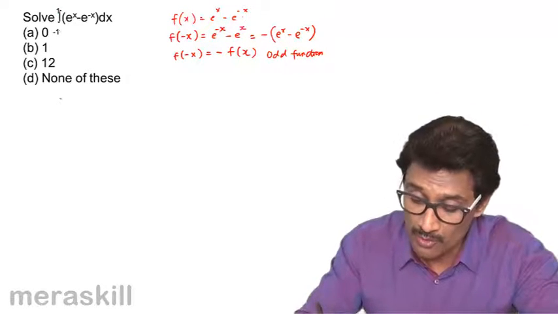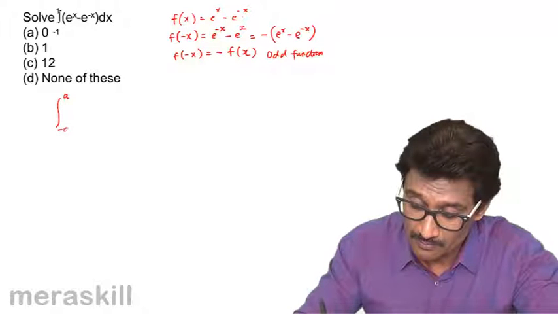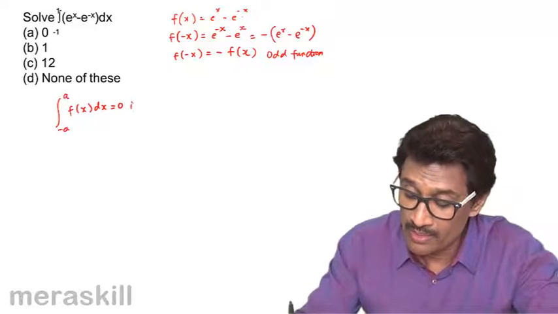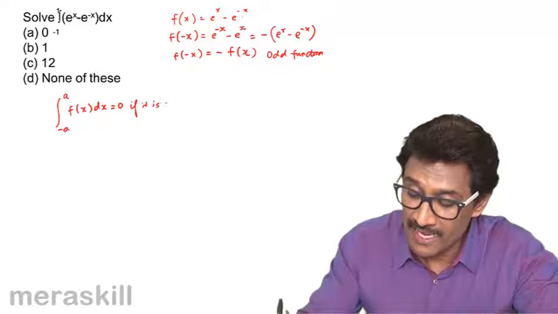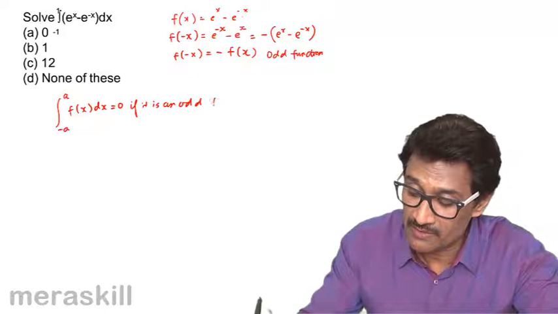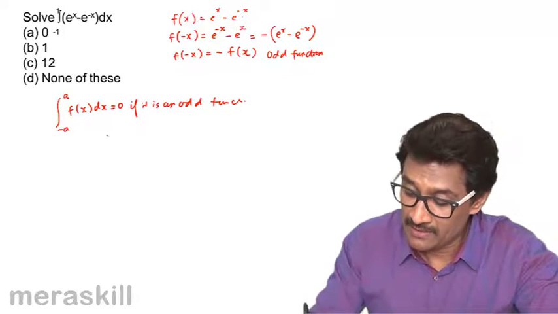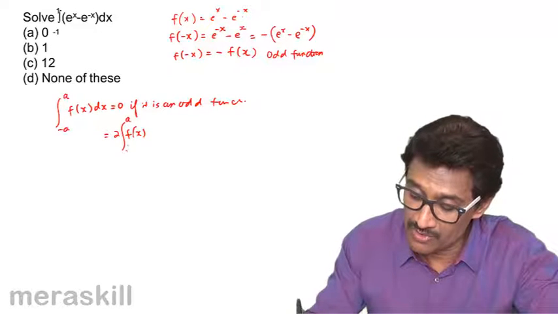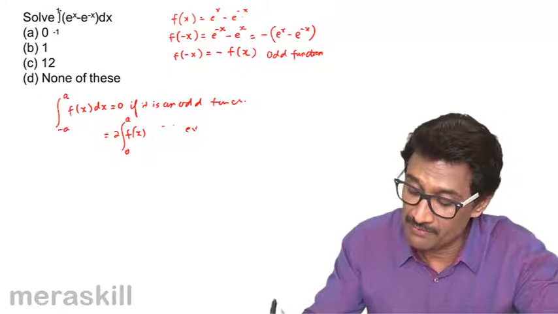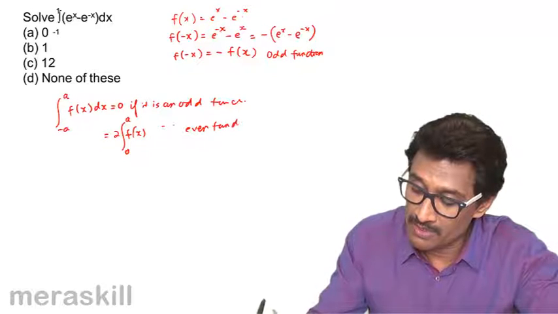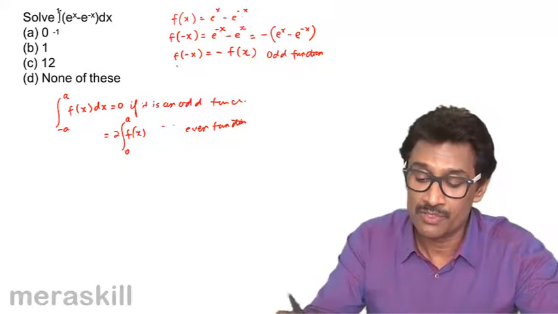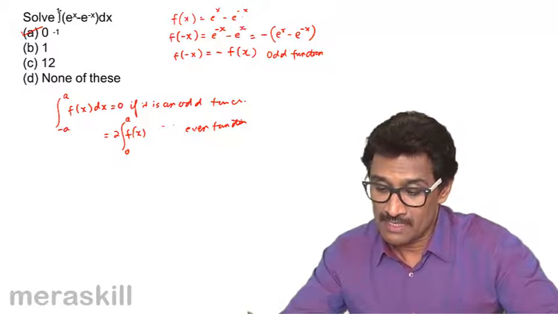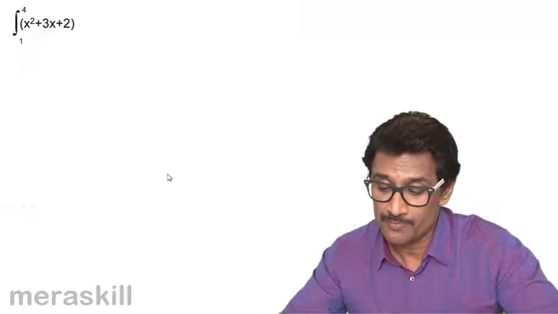We are using the rule that the integral of f of x dx is equal to 0 if it is an odd function, and it is equal to 2 times the integral of f of x from a to 0 if it is an even function. Among these, obviously it's an odd function, so the answer has to be 0.